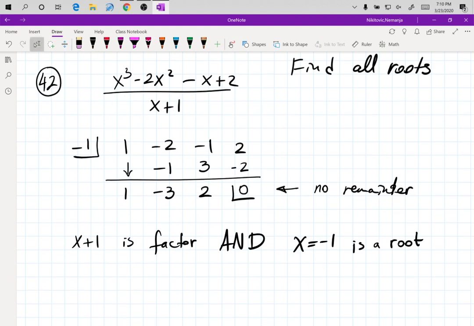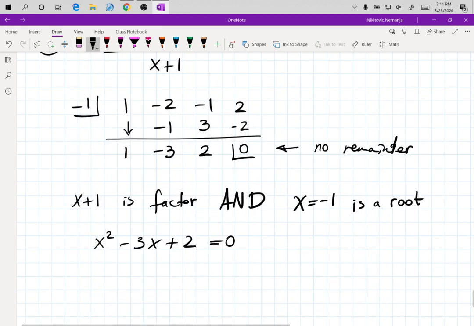Next class, we are going to learn that the number of roots in a polynomial is always equal to the highest exponent you have. So we are expecting 3 roots in this problem. We found 1, right? Because the remainder was 0. So now we are left with the x squared minus 3x plus 2 polynomial equal to 0 to find the other 2 roots.